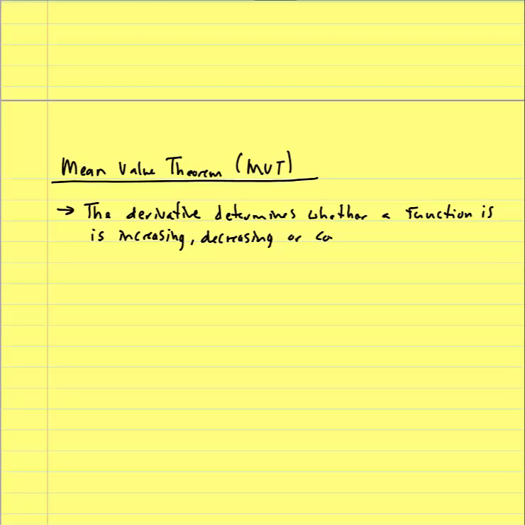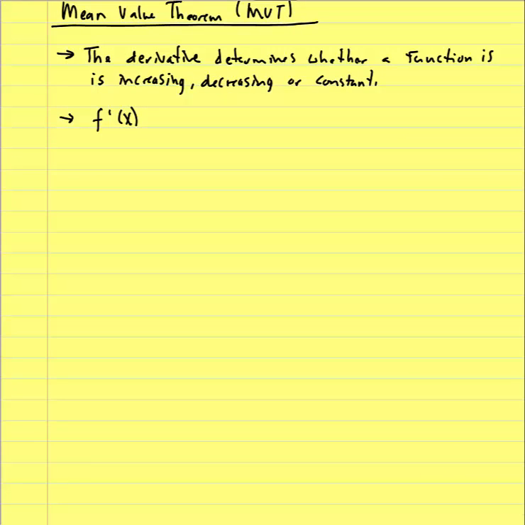So constant is one we really haven't talked too much about, but we will. So that means, remember, that f prime of x is also an idea of the rate of change. Now remember, the rate of change was the change in the y values over the change in the x values, like slope.